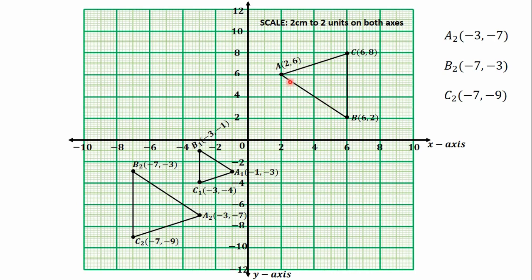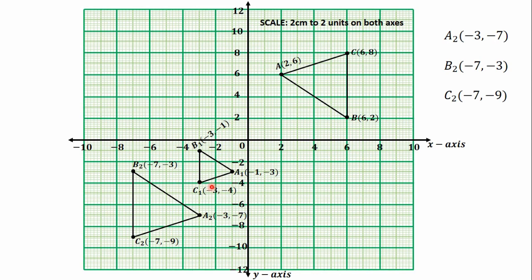We started by drawing the triangle ABC. Then we enlarged the triangle ABC from the origin using a scale factor of -1/2 to get the image triangle A1, B1, C1. After that, we enlarged the triangle A1, B1, C1 using the point (1, 1) as the center of enlargement and a scale factor of 2 to get the image triangle A2, B2, C2.